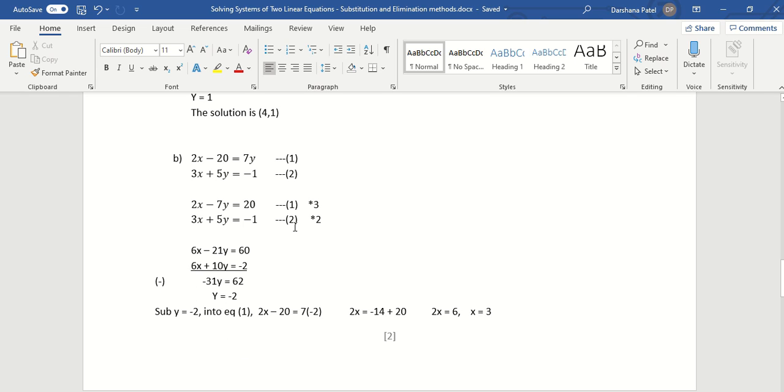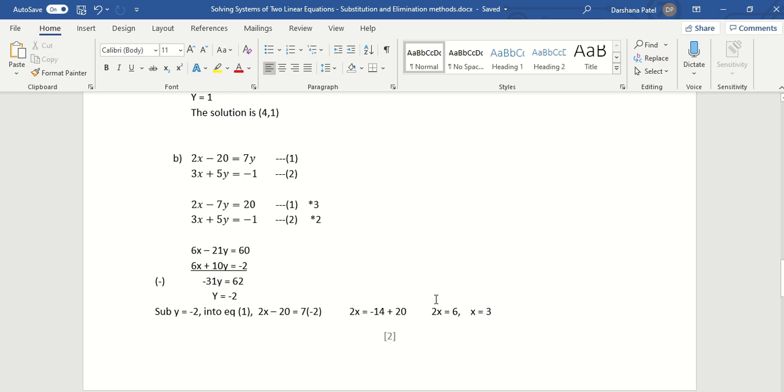So let's put 3 for the x, y to be negative 2, see if it works. So putting x to be 3, we get 2 times 3 to be 6, minus 20, so the left side is negative 14. Right side then, 7 times negative 2 will be negative 14. So it works in the first equation. We have to check for both.